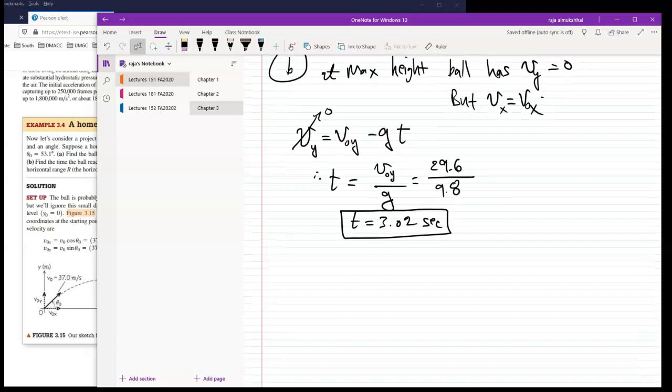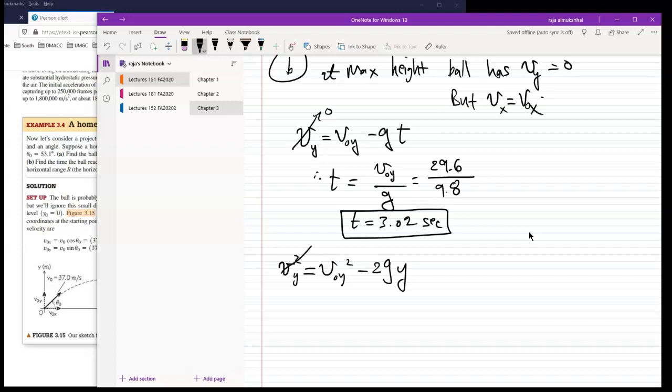Now the next question, he said, what is the maximum height? Well, there are two ways to do it. Let me show you both of them. Start with the second kinematic equation, this one: vy squared equals v naught y squared minus 2gy, right? Remember that? What's going on at the maximum height?